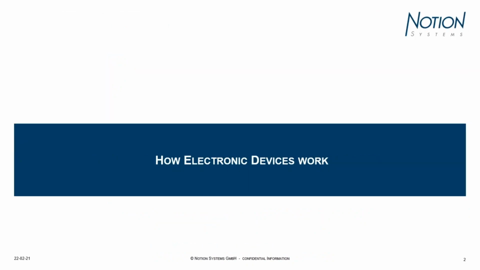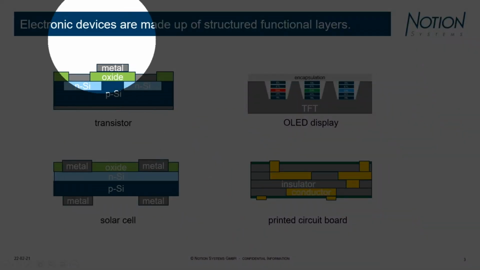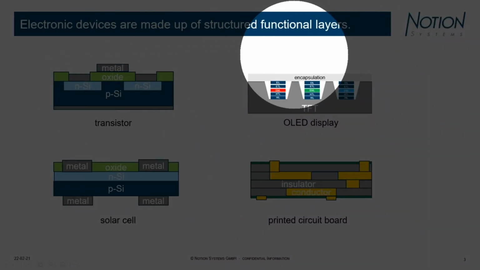So how do electronic devices work? If you look at the building blocks of electronics or electronic devices, you will see very fast that the electronic devices are made up of structured functional layers.